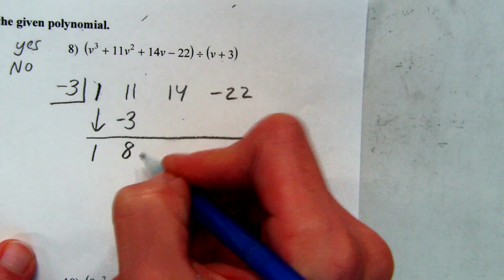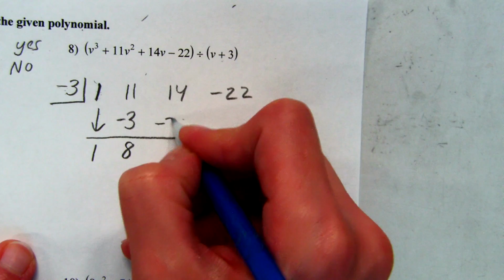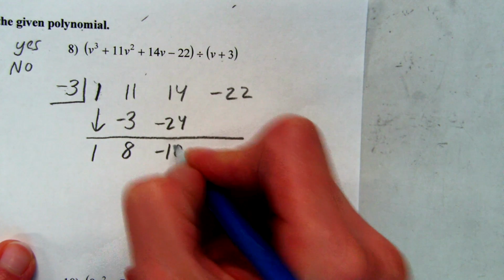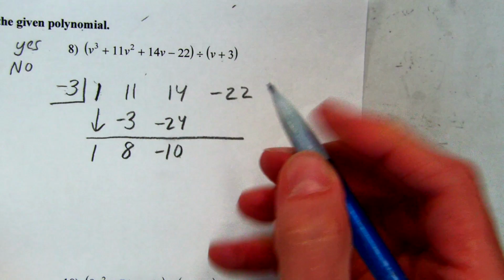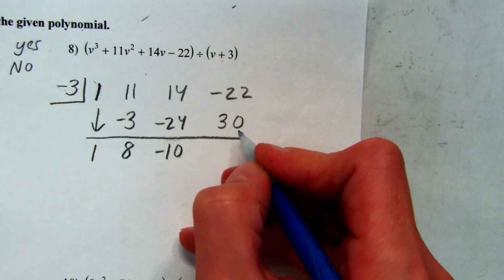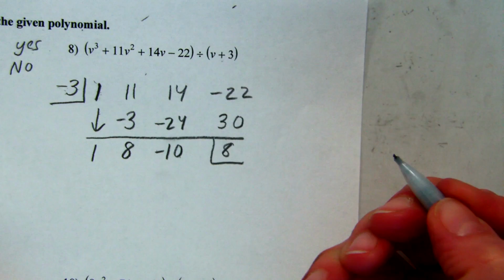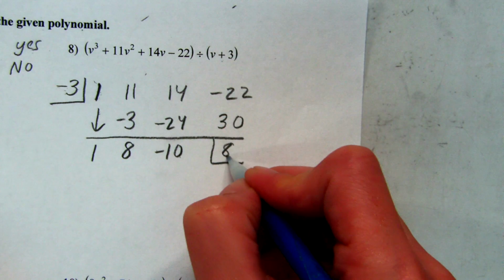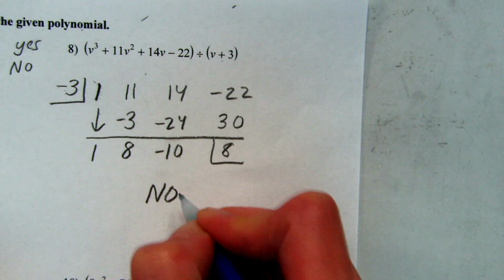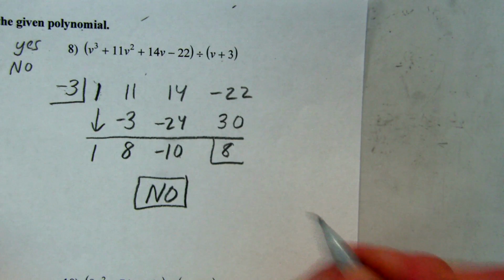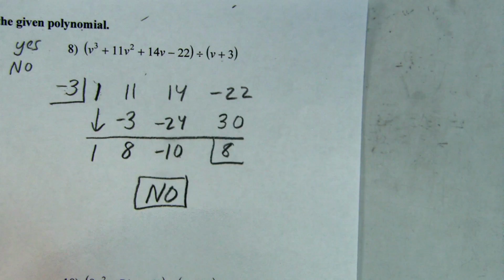Add that, we get 8. Negative 3 times 8 is negative 24. Get negative 10. Negative 10 times negative 3 is 30. And we get a remainder of 8. So since we have a remainder that is not 0, we're going to say no, it is not a factor. And I don't have to do anything else with what's up there.